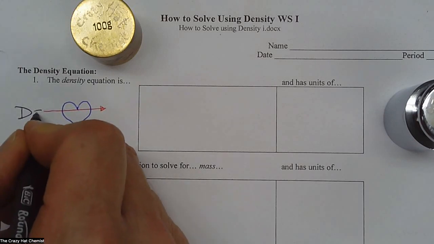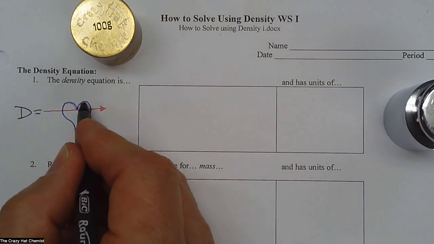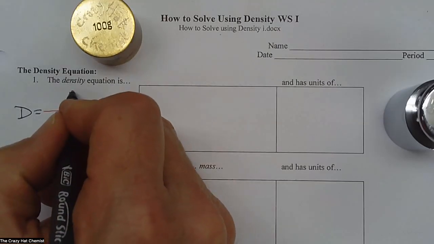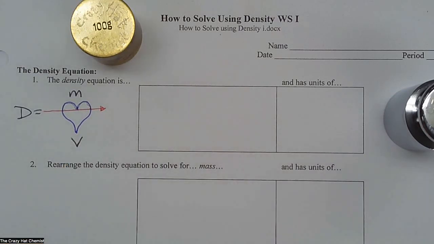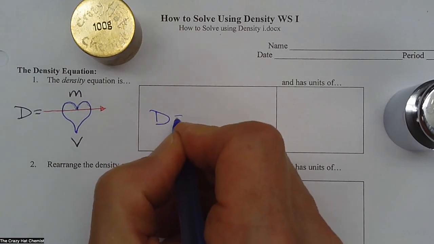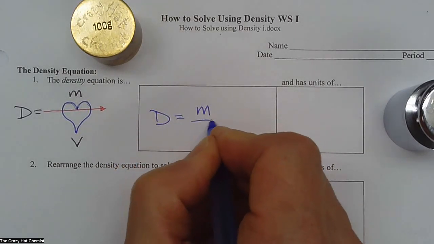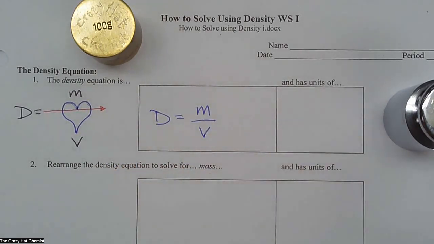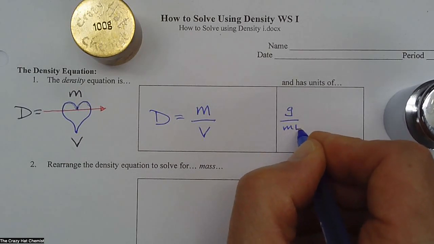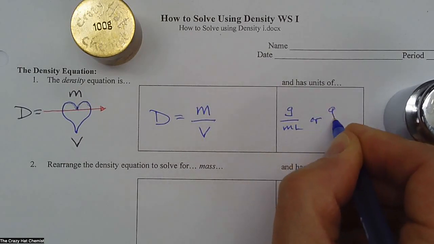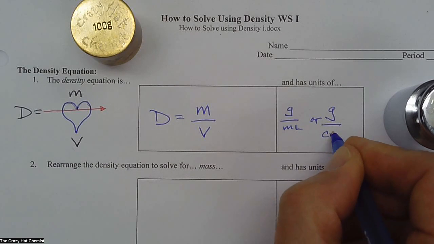So density is equal to, and you can see that's an M on the top of that slice, and a V on the lower portion of that slice. So density is equal to M, that's mass, over V, that's volume. And the units for density are going to be grams per milliliter, or we are going to write grams per cubic centimeter.